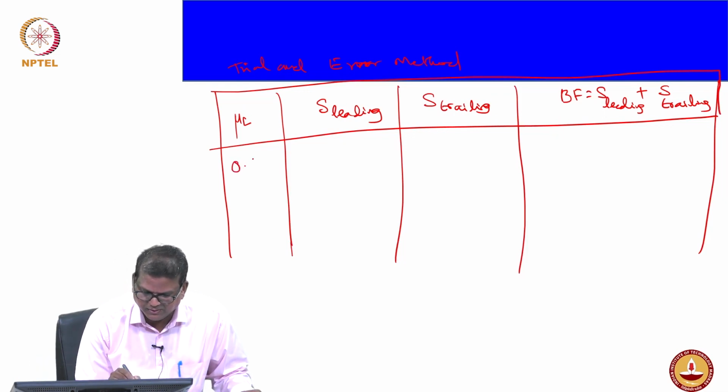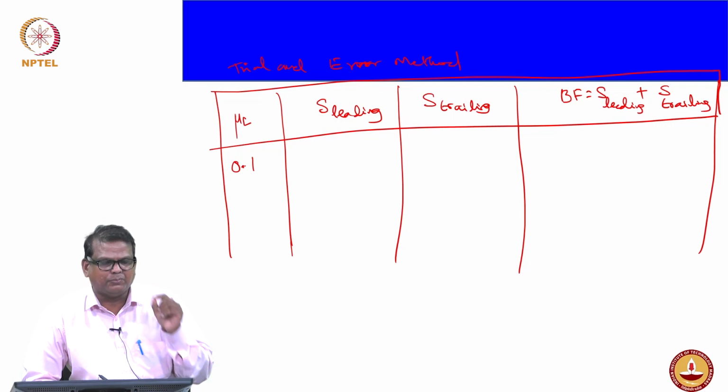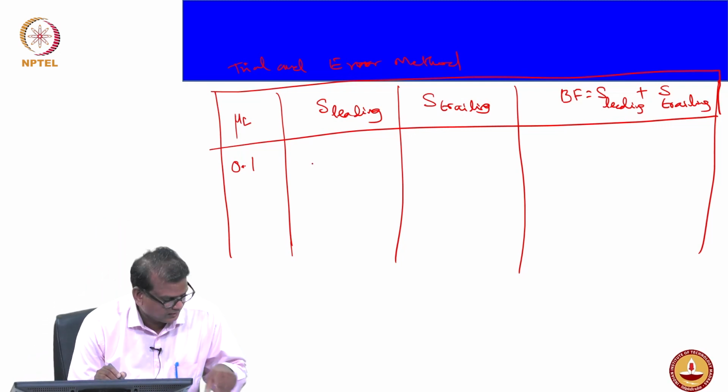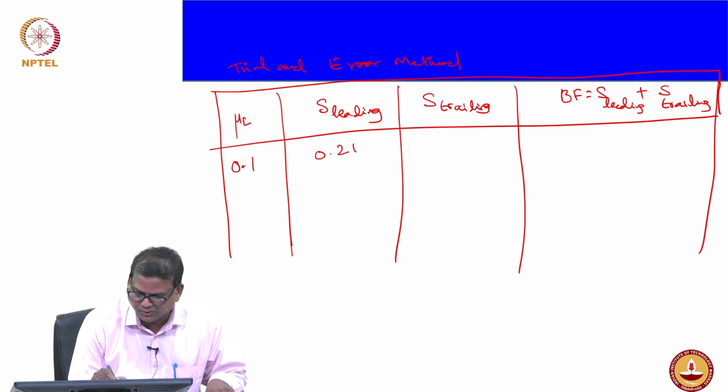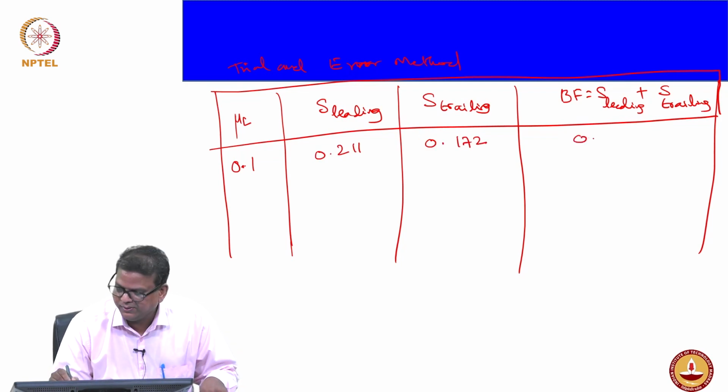So what we are going to do, we will change the value. First we will try with 0.1, right. So already we derived what the S leading is. You substitute mu L equal to 0.1 and find out what value you are getting. So you would expect leading will always be the higher value, 0.211, and trailing will be 0.172. Together when you add, 0.383, right.